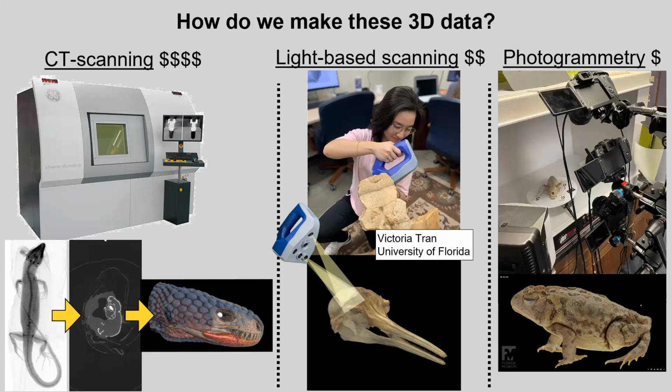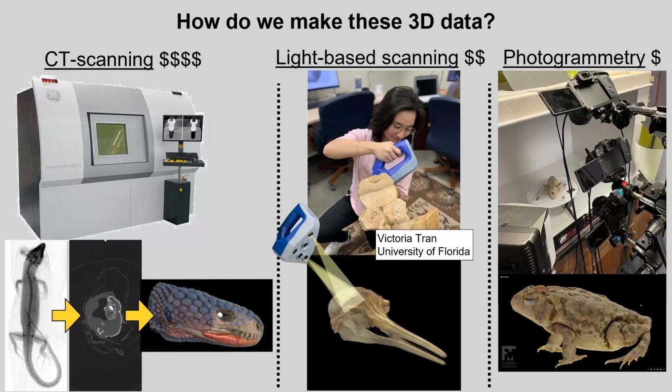It's just faster if we use several cameras. So this is relatively cheap, but it only shows the outside of the animal. This is quite expensive, but we get all of these other data as well. And so we use all three of these things together now in order to make these digital representations of the things that are at the museum.